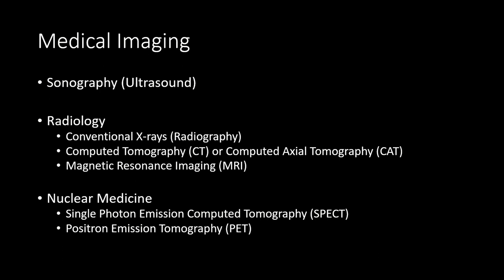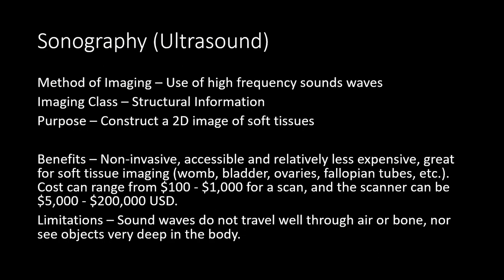And then there's also magnetic resonance imaging, or MRI. There's also nuclear medicine, such as single photon emission computed tomography, or SPECT scanning, and positron emission tomography, or PET scans.